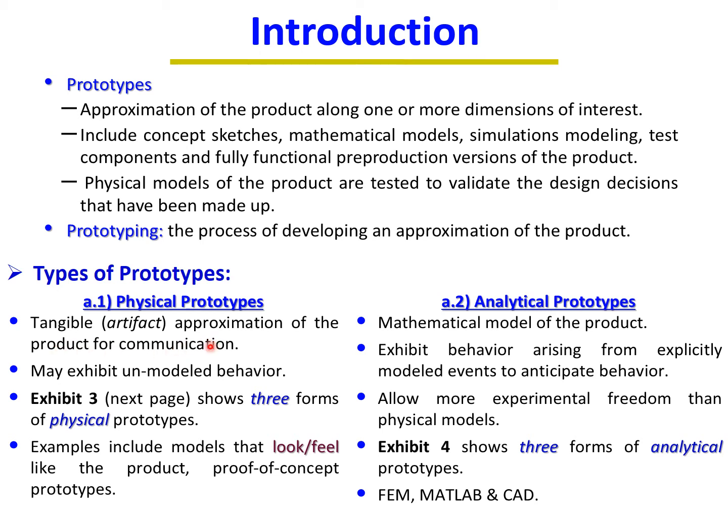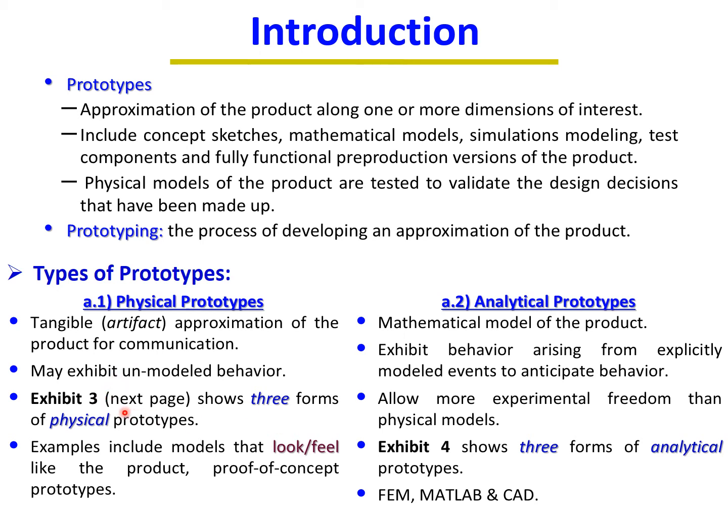You want to communicate with other design members, with the management, with the manufacturing people, that what product are we going to build, and this is an actual approximation in a physical sense. This may exhibit unmodeled behavior, right? You were trying to model the behavior through equations and simulations, but now there is a physical model. So there may be things which you could not do earlier that now you can show.